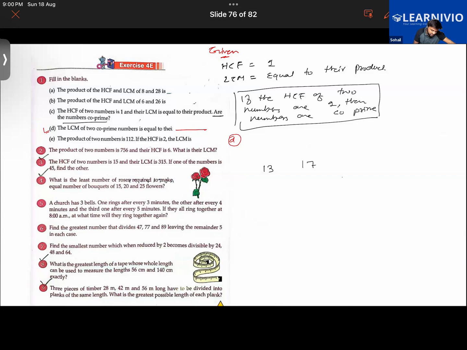The question is saying the LCM of two co-prime numbers is equal to what. So let us try to find the LCM. When we try to find the LCM, we will observe that both of them are already prime numbers. 13 and 17, these are co-prime numbers, right? So 1 13 so 13, 1 17 so 17. So the LCM will be 1 multiplied by 13 multiplied by 17. Basically 1 doesn't have any significance here.